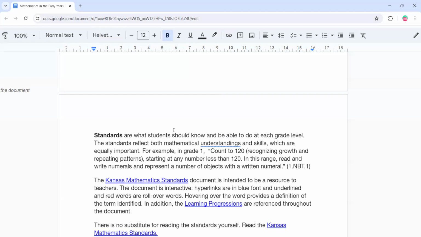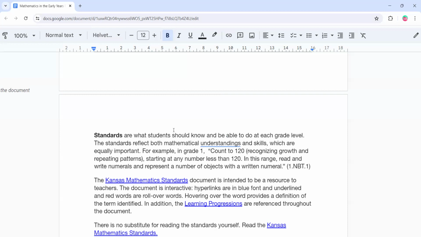So whatever we just talked about, the domain, clusters and standards, is a little similar to what we discussed earlier. The Kansas Mathematics Standards document is intended to be a resource for teachers. The document is interactive, hyperlinks are in blue font and underlined, and the red words are rollover words.